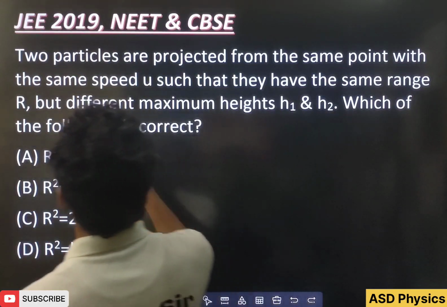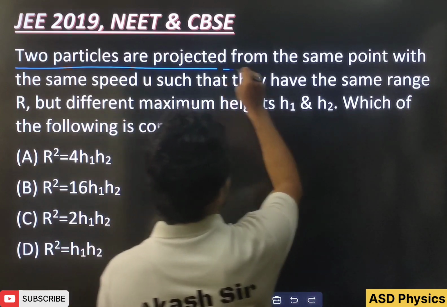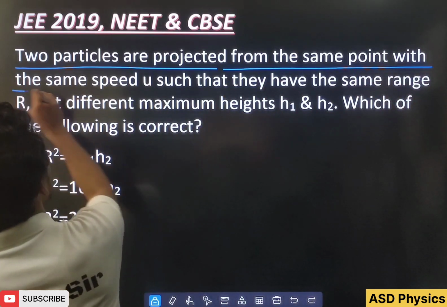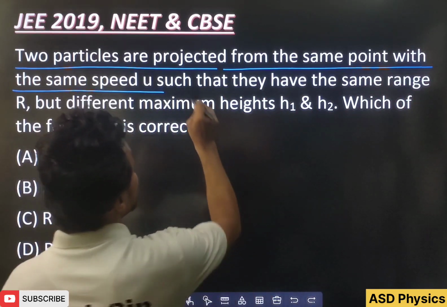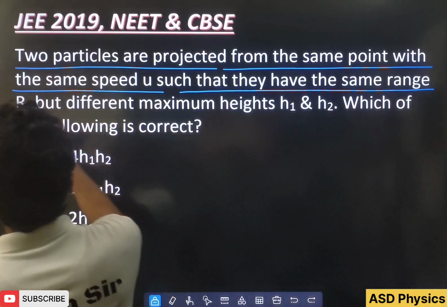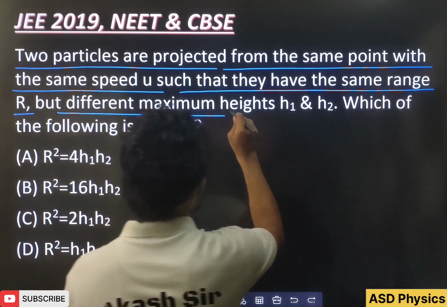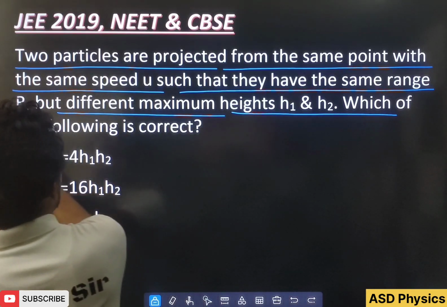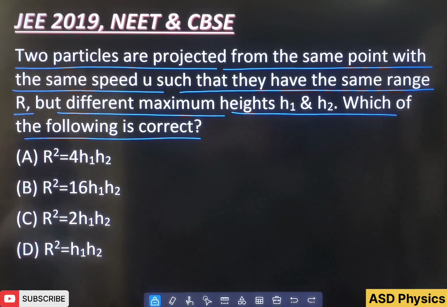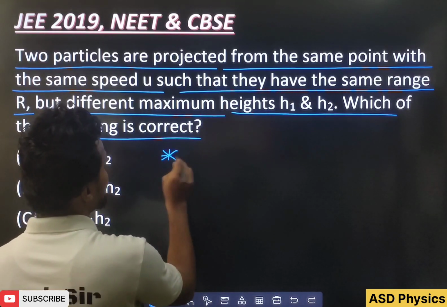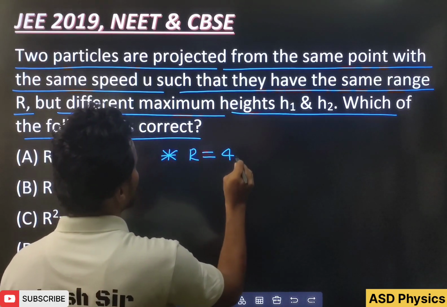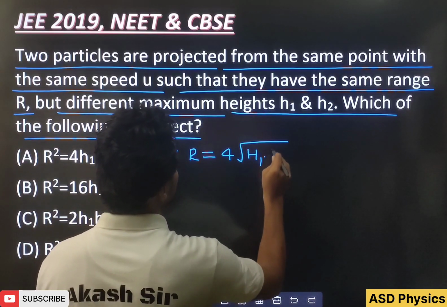The question is, two particles are projected from the same point with the same speed u such that they have the same range R but different maximum heights h1, h2. Which of the following is correct? And here four options are there. So here again one more formula is there. I have taught you R equal to 4 root H1 H2.